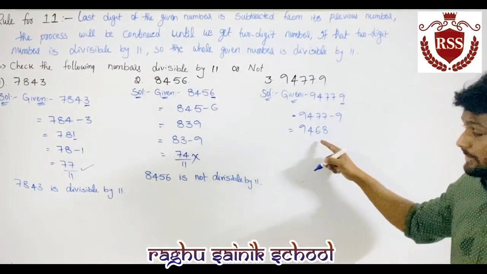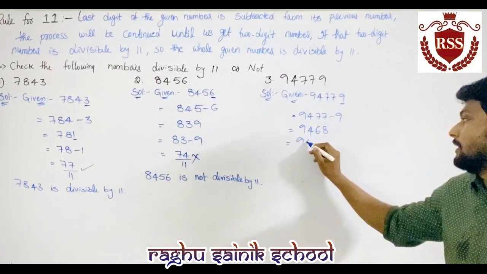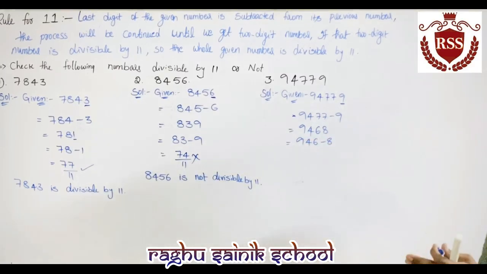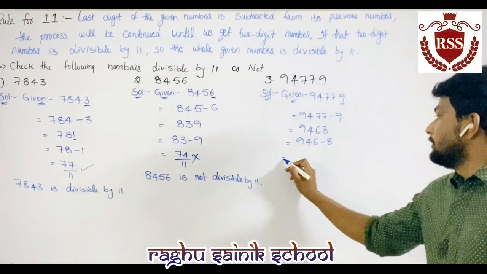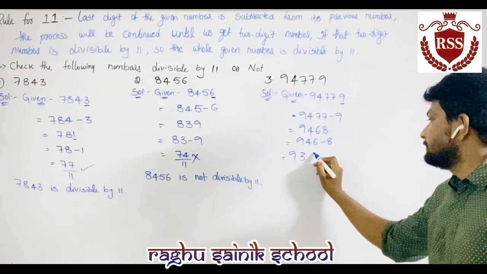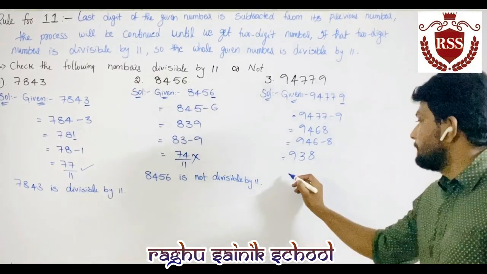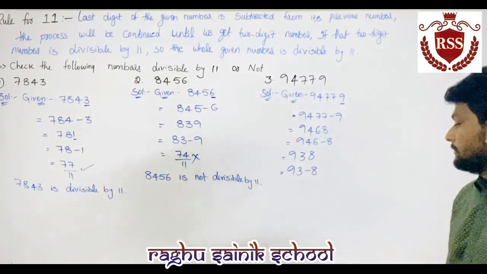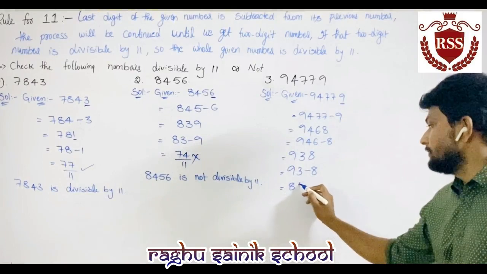Again we have a 4-digit number. We need to repeat the process until we get a 2-digit number. Again the last digit is 8, and 8 is subtracted from its previous number, 946 minus 8, which gives 938. Then 93 minus 8 will be 85.